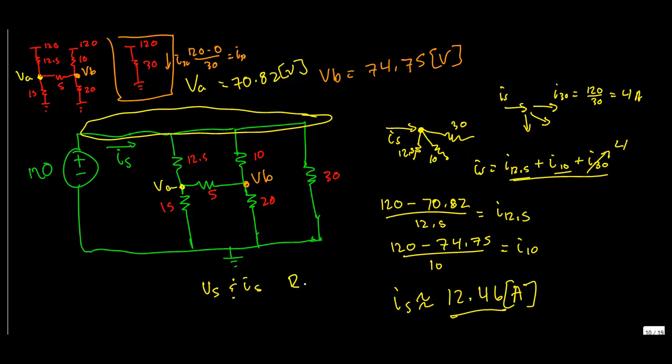So we should know what the R equivalent is, because voltage source divided by your current source should be equal to R equivalent. So if we have 120 divided by 12.46, 120 divided by 12 is about 10, so you're going to be looking at 9 point something. So 120 divided by 12.46 is equal to 9.63.